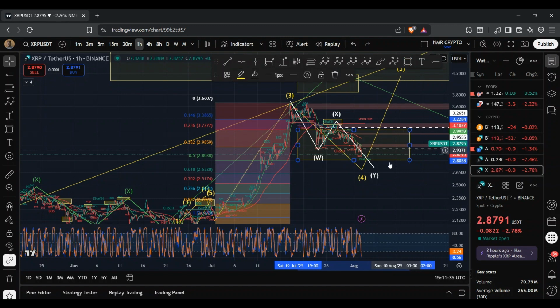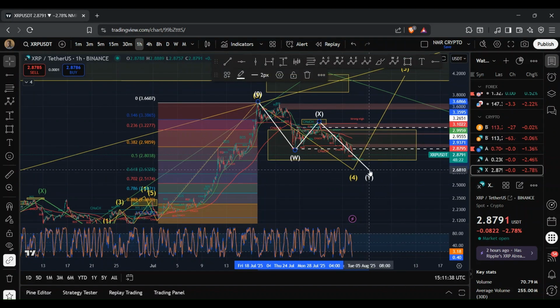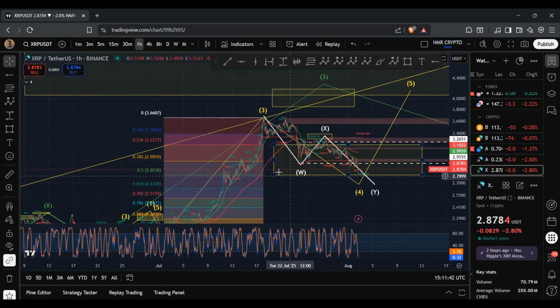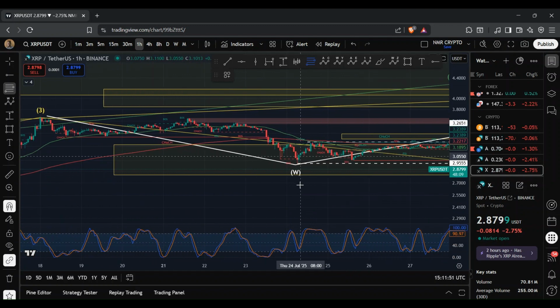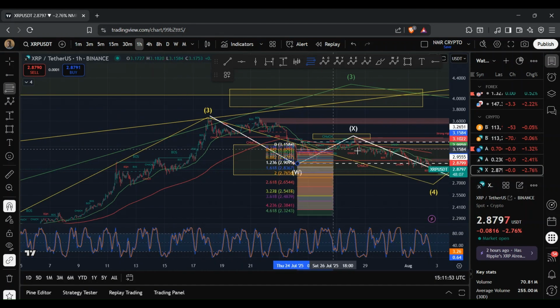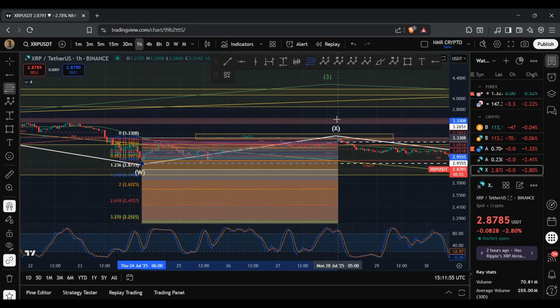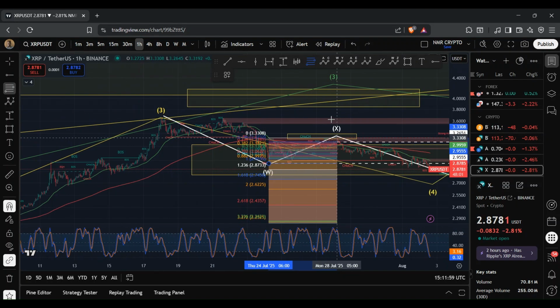And what I'll do next is set out this Y wave target, where again this Y wave has the potential to go slightly deeper than its current price at the moment. And so that Y wave typically retraces anywhere between 1 to 1.226 of the W wave. So again, if I bring in the Fib tool, and if I bring this to over here, which is the wave X, where we ended up reaching $3.3308.